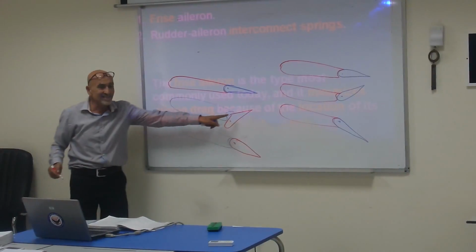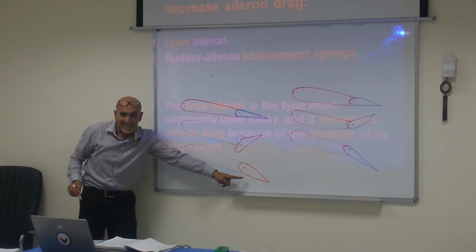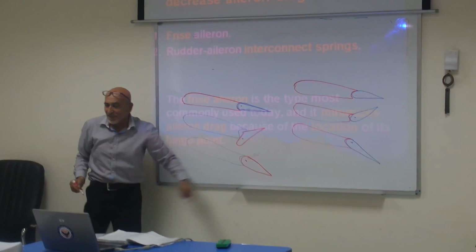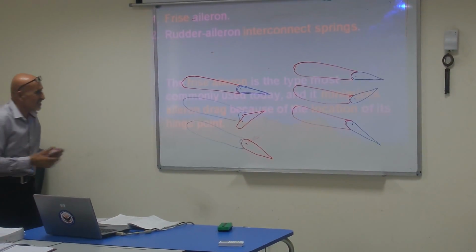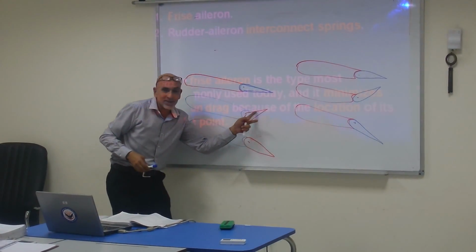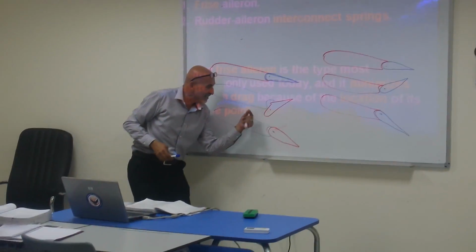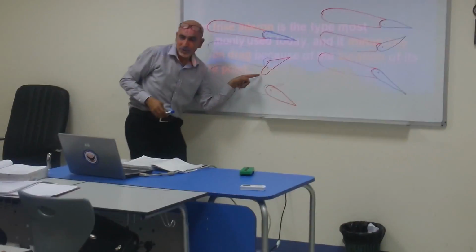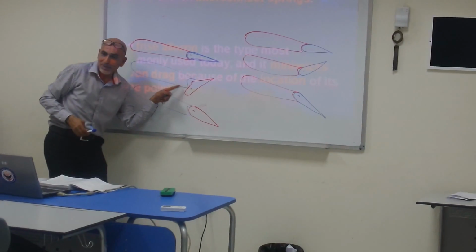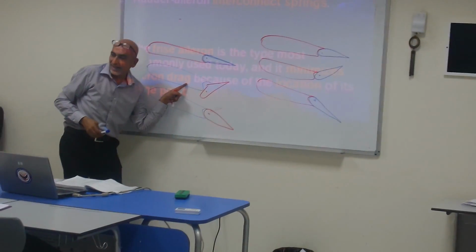This is an up movement. This is a down movement of the aileron. So, if you notice, the upgoing aileron will have a protrusion beneath the aircraft wing.